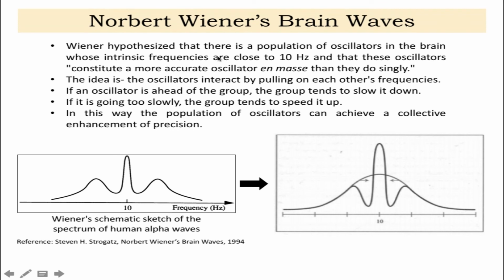Initially these different neurons can have different frequencies. But Norbert Wiener hypothesized that even if initially there are different neurons in a cluster operating at different frequency levels, with respect to time you will see that there is a pulling effect happening.